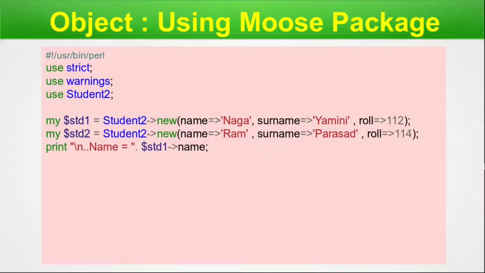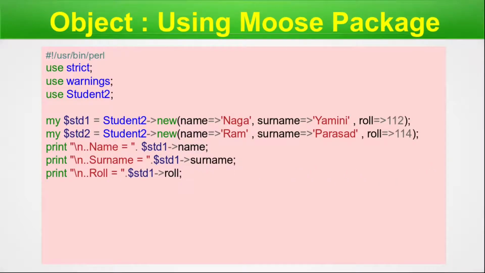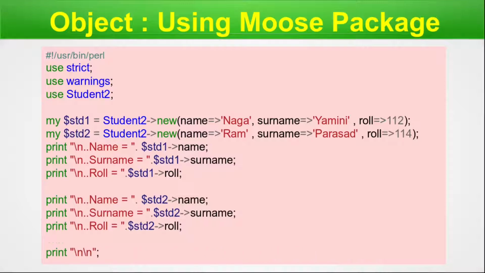I'm using the same data values that I used in the earlier example. Then we can use direct access to the data structure to print the values in the same way. If you see here, I have used direct access of the data structure: student1, arrow name, student1, arrow surname. These are hash data structures, but actually this is not a pure hash.